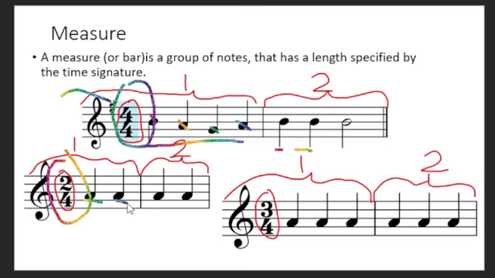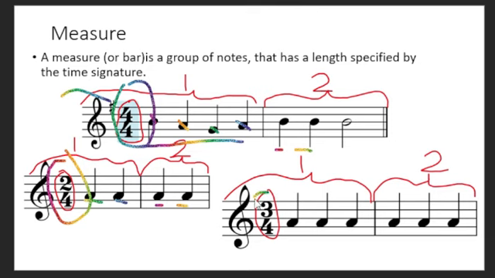Or we can use 1 crochet, then a pair of quavers, or a pair of semiquavers. So each bar has 2 beats. The time signature is 2/4.